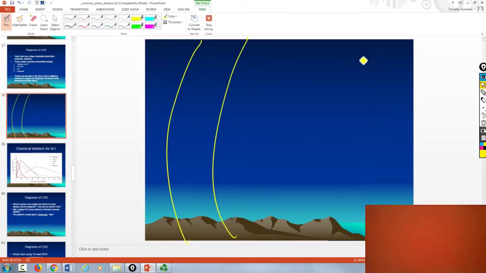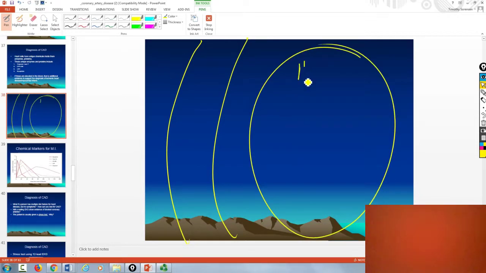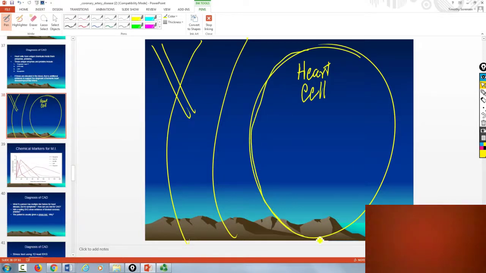So if you got the blood here and then you got a heart cell, remember that when they draw your blood, they stick a needle in there, they're checking for stuff just in the blood. So if your heart cells are healthy, they have a healthy cell membrane, so all of the heart proteins are going to be in a heart cell. So when they check your blood, they shouldn't find any heart proteins in there if your heart is good.